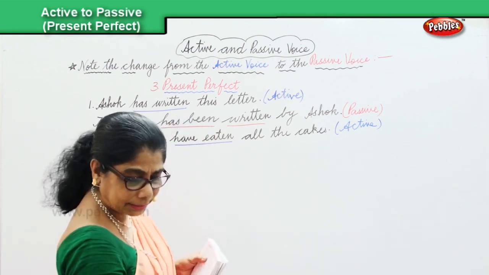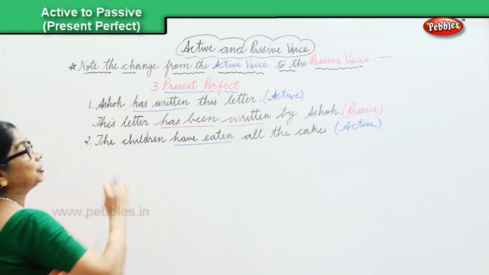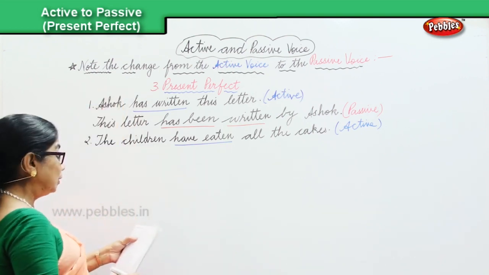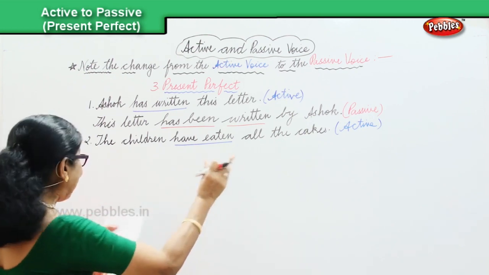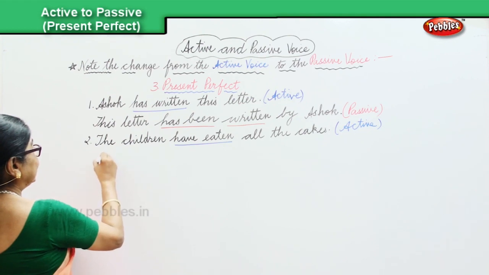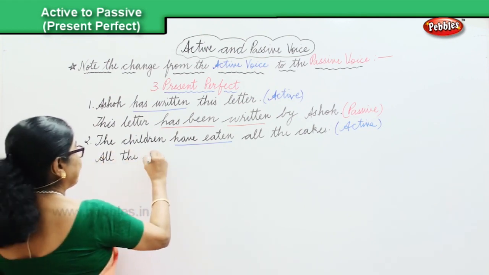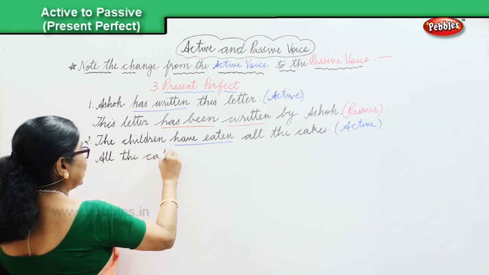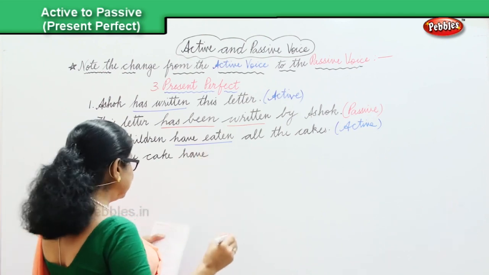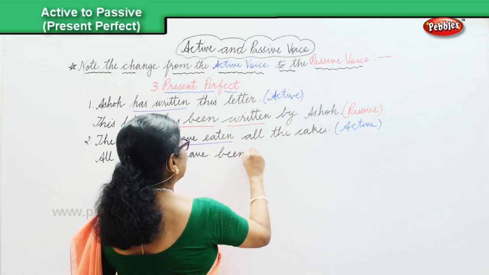Okay. Next, let us change into passive. Note the change from the active in the present into the passive. You will say, all the cakes have been eaten by the children. Have been eaten.